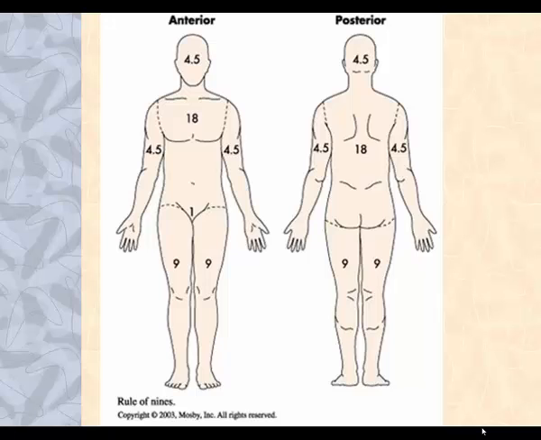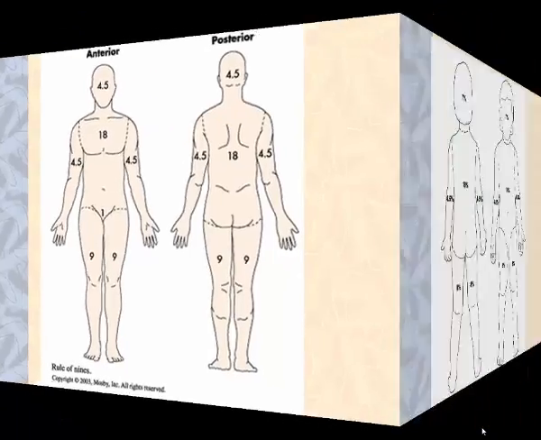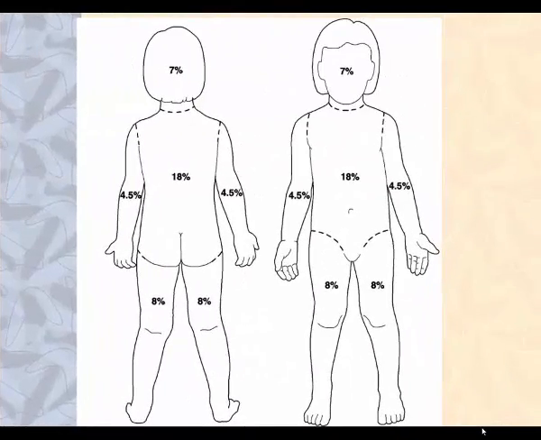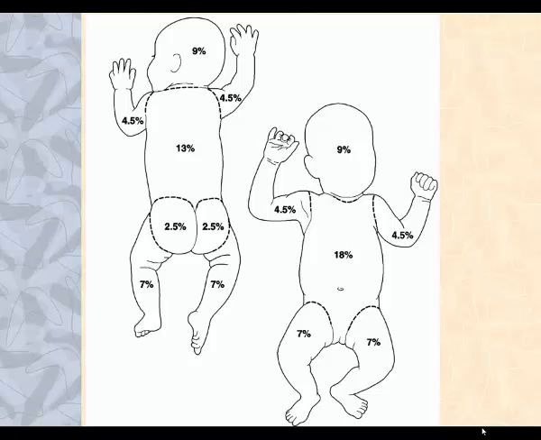With the rule of nines, the body is divided into anatomic sections and a number for the body surface area. And it varies depending on adult, child, as well as infant. Now, bearing in mind, the rule of nines is not the preferred mode of measurement under the age of 5.